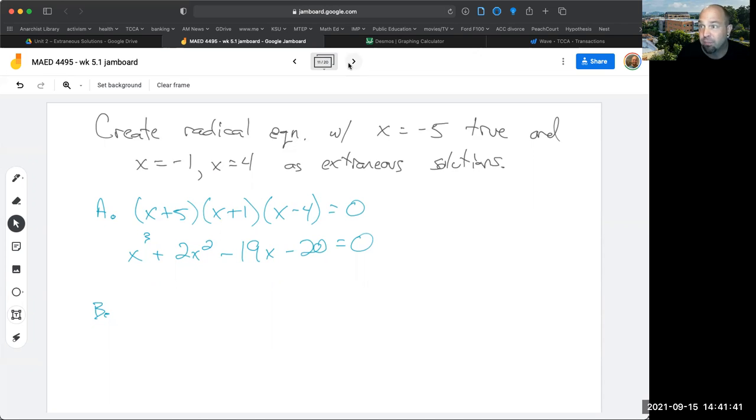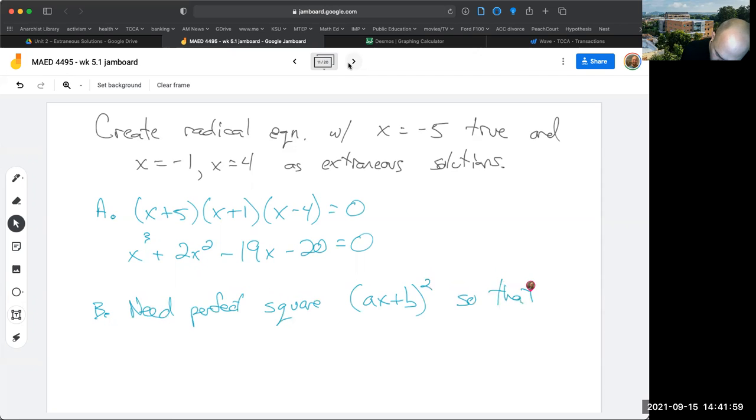I hope it's actually something you might explore, but we need a perfect square such that ax plus b is less than 0 for all of our extraneous roots.